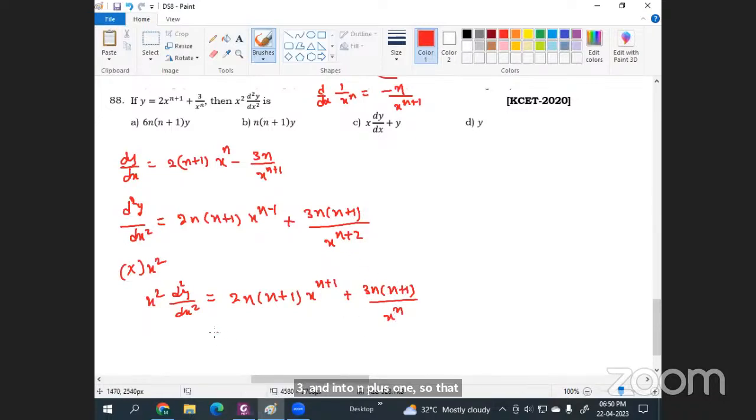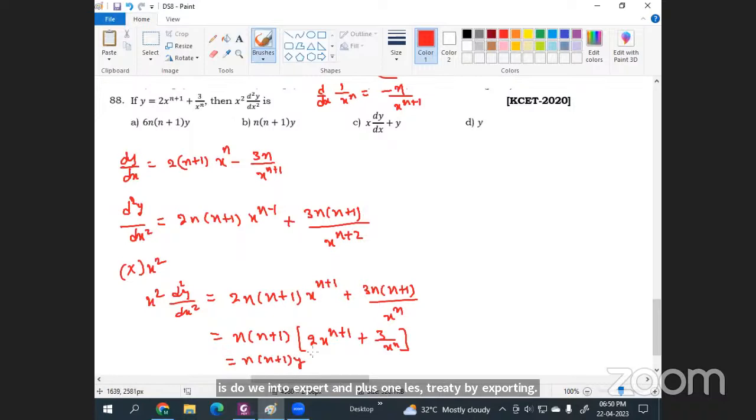So I can take n into (n plus 1) common: 2 into x power n plus 1 plus 3 by x power n, which is nothing but n into (n plus 1) into y. This is a lengthy problem. We cannot help it. So n into (n plus 1) into y. There are some questions you can do like this, but you should be very smart to get the answer. That is very important. Okay.